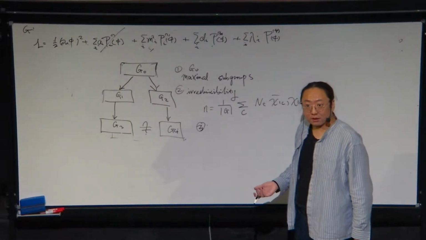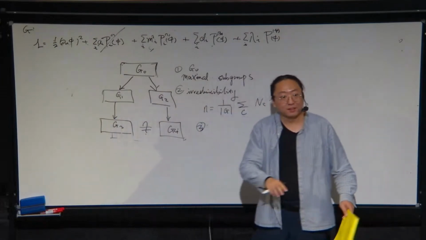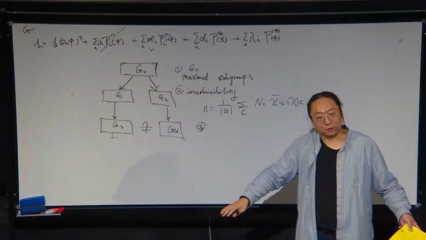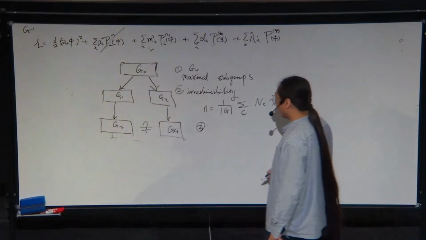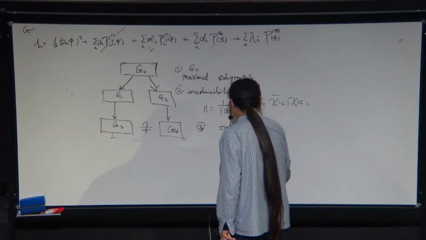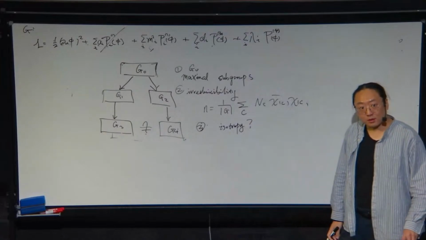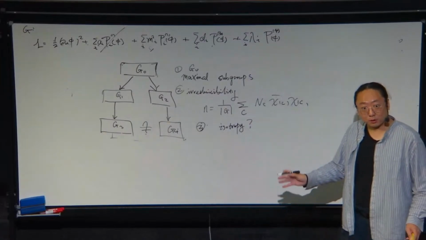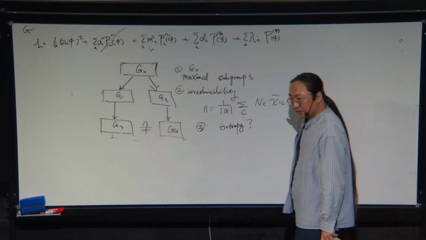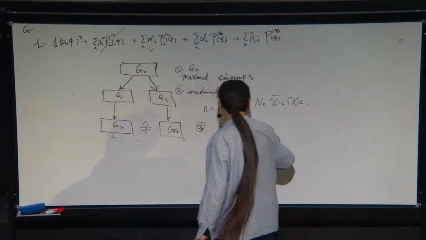Luckily, that can be done easily in GAP. You just build an isomorphism. If you can build an isomorphism, then these two groups are isomorphic to each other.